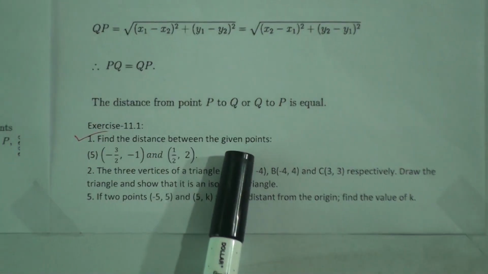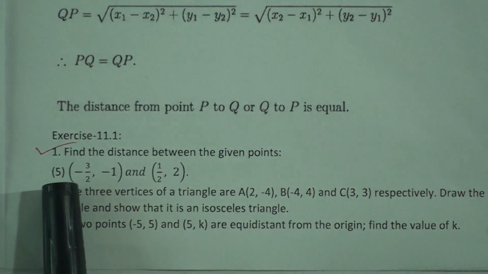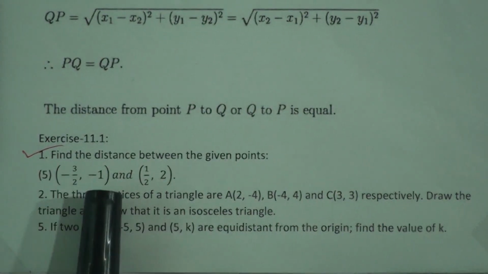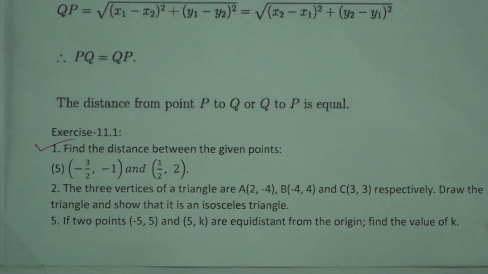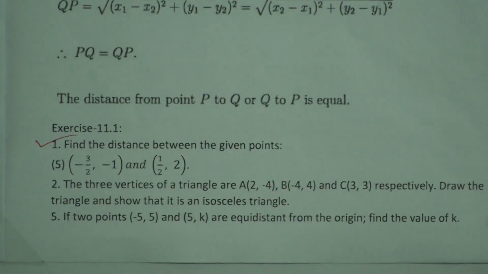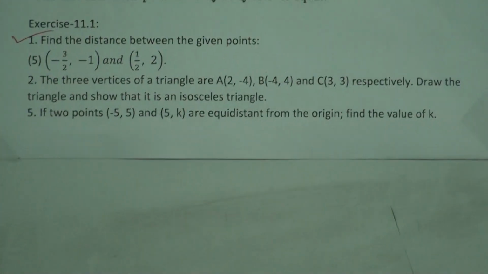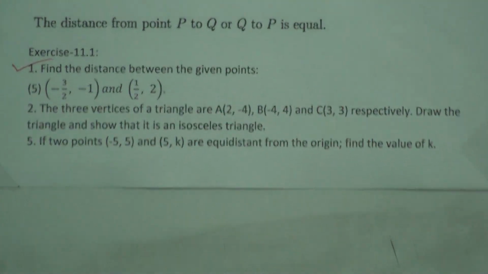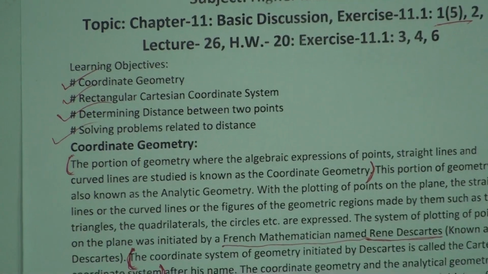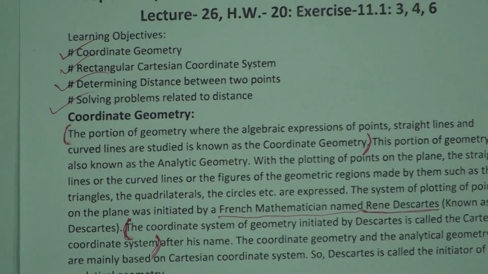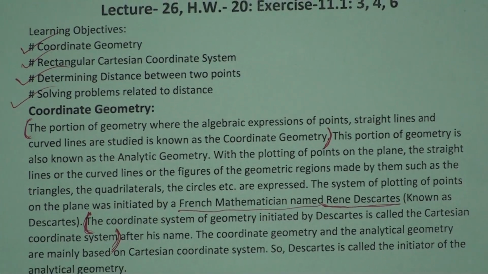Here we need to find the distance between the given points (minus 3/2, minus 1) and (1/2, 2). We have to determine the distance between these 2 points. We have discussed determining the distance between 2 points, and now I'm going to solve problems related to distance.